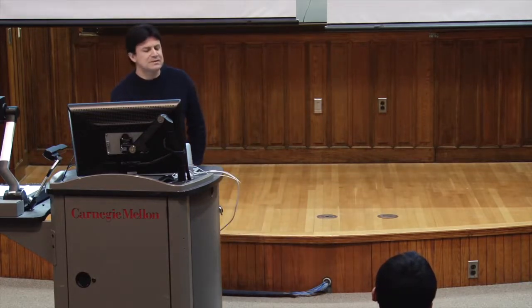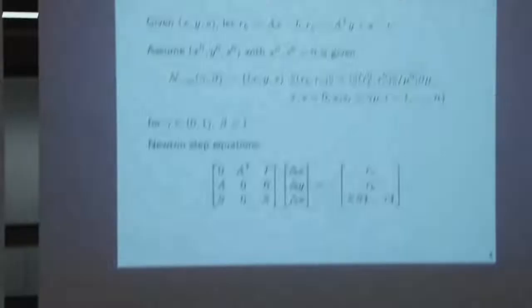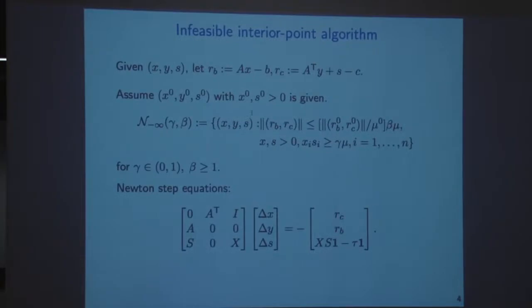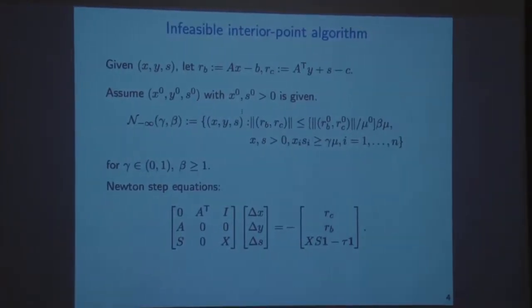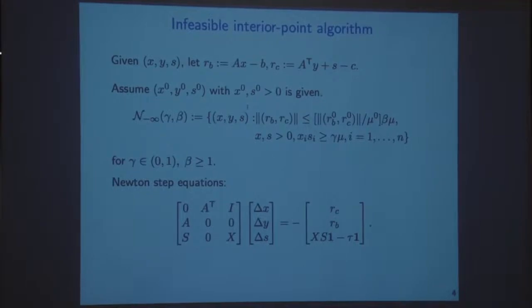Then there was also this business of a long step method that has a similar kind of behavior. And then the very last thing that we did last time was an infeasible interior point method. So infeasible means that we do not necessarily satisfy the first two conditions here.